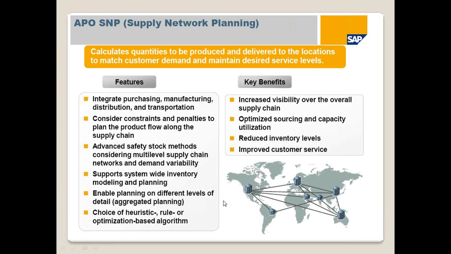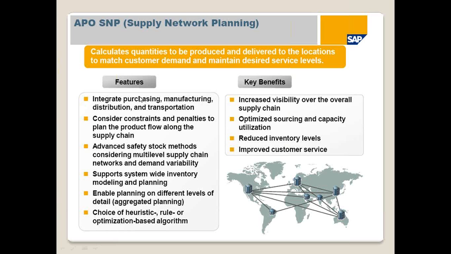Once they have stock, in SNP there is another module called deployment or distribution. Using this, we can plan how to distribute your inventory between plant to DCs or DC to DC. Then we can calculate how many trucks are required to send this much stock.